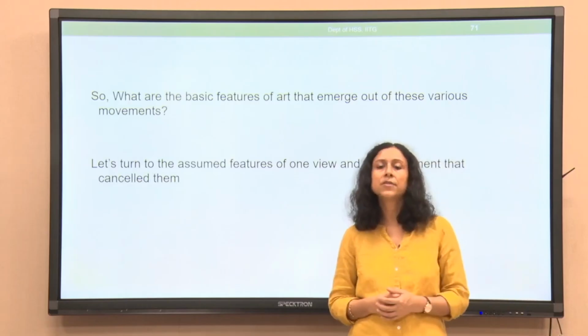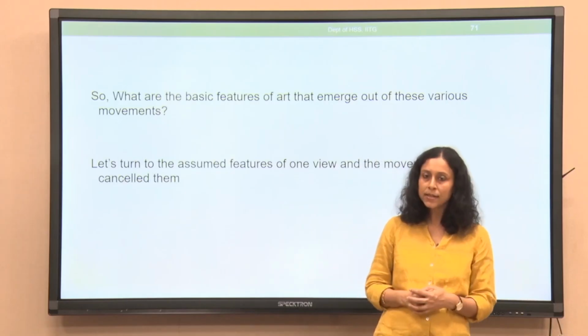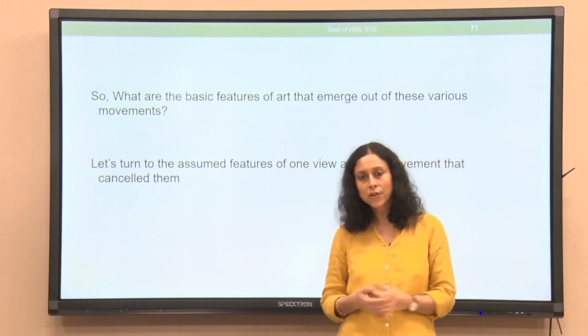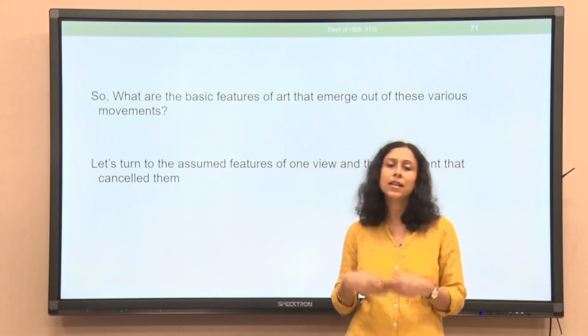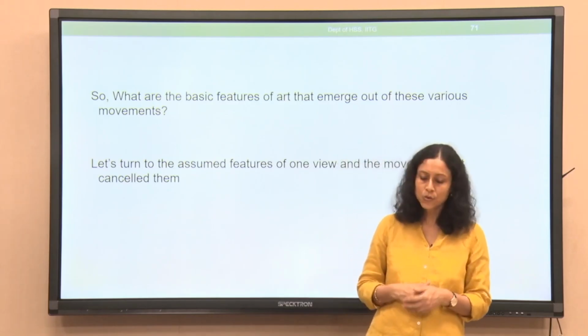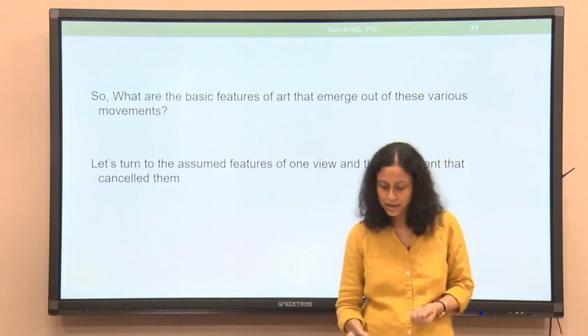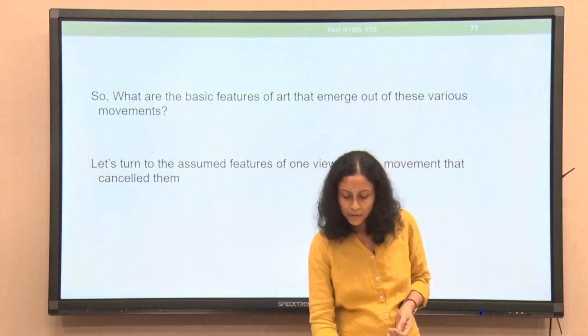They differ in terms of what is to be painted, how it is to be painted, how the message of the painting is to be delivered to the audience, and so on. So, how do you talk about basic features of a category like art? How do you arrive at it?